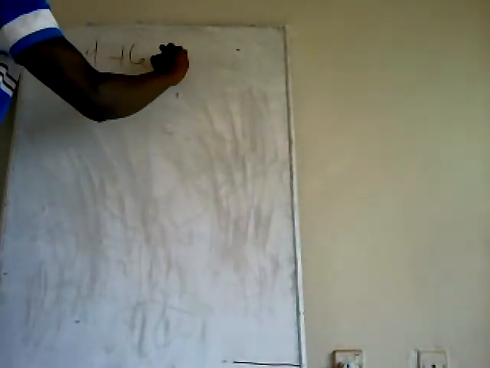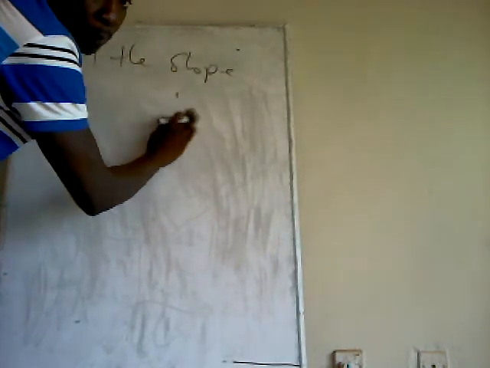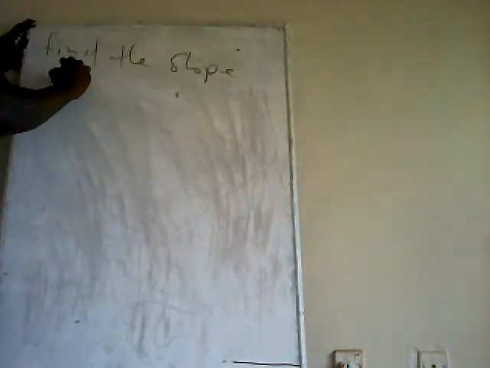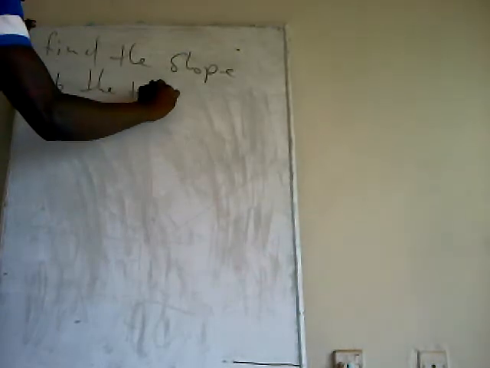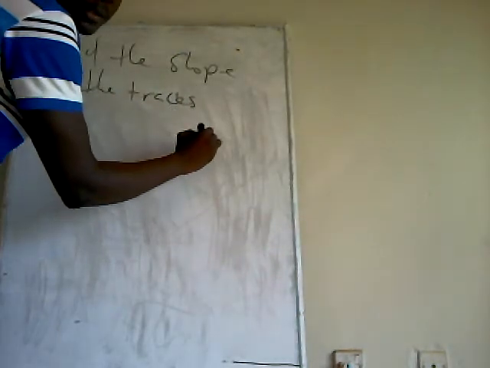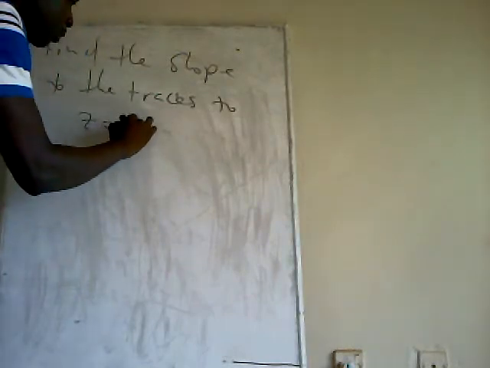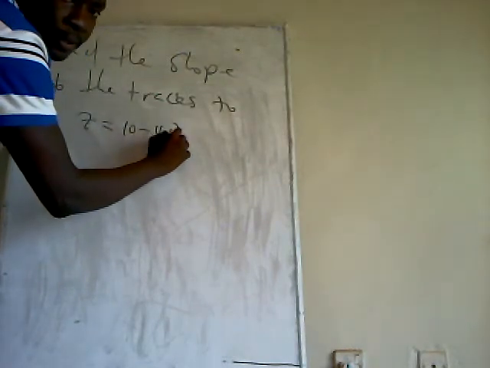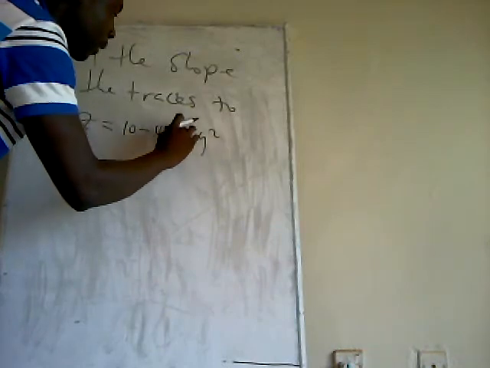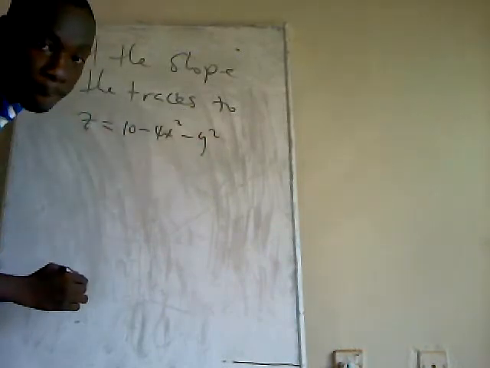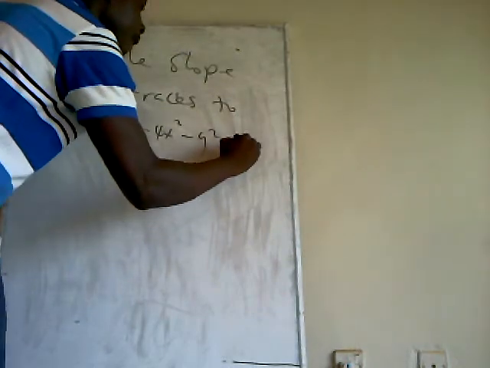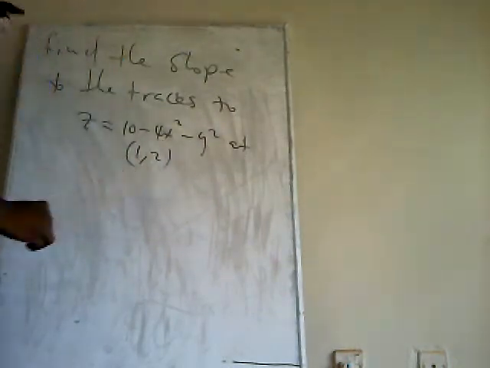So you could be asked to find the slopes to the traces to z is equal to 10 minus 4x squared minus y squared at the point 1, 2.